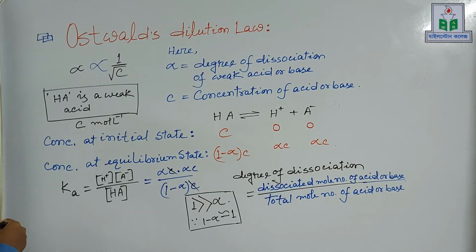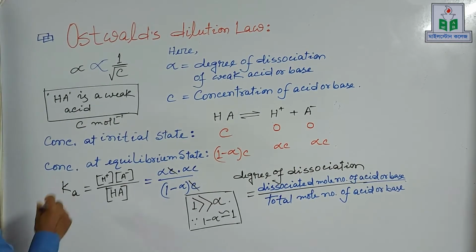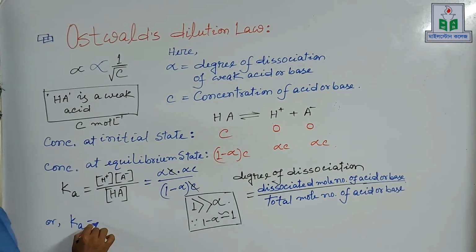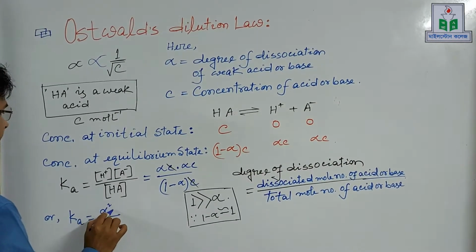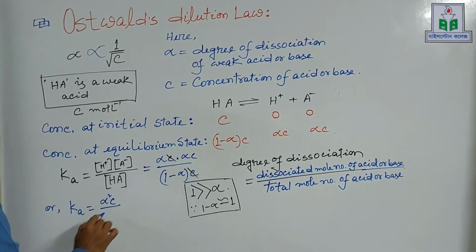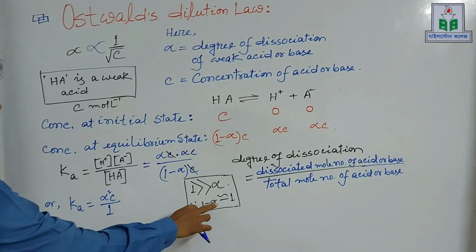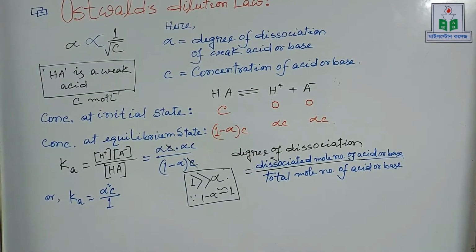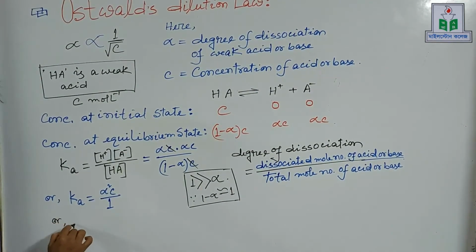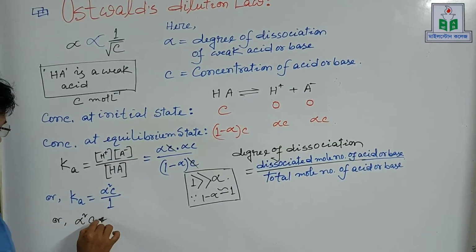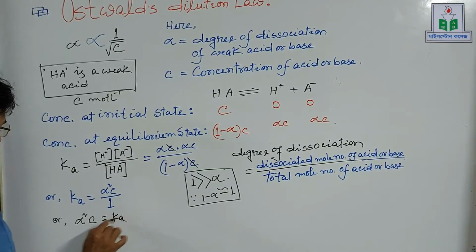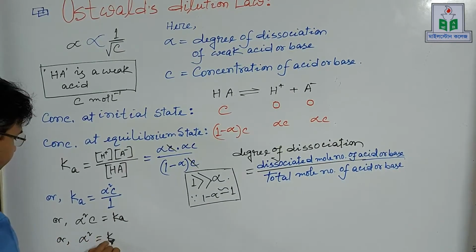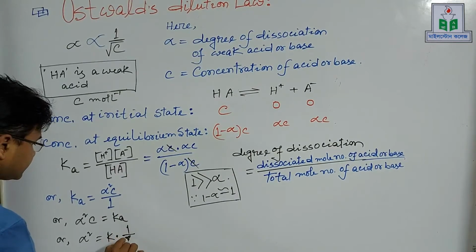So, my dear students, I can write Ka is equal to alpha square C divided by 1, as 1 minus alpha is about 1. So here I can write alpha square C equals Ka. So alpha square equals Ka times 1 by C.